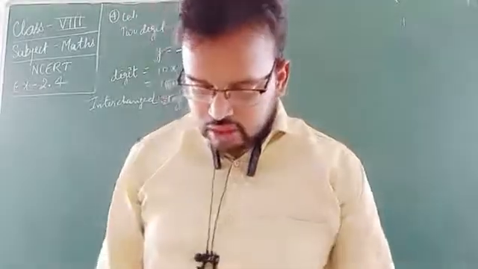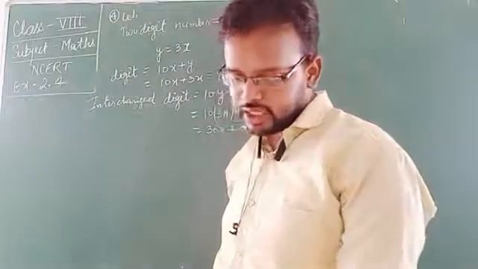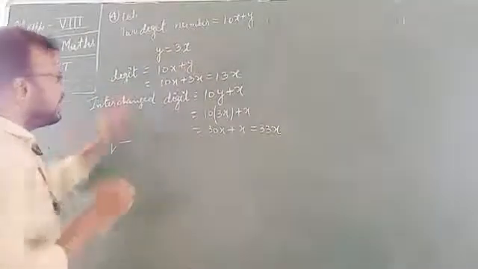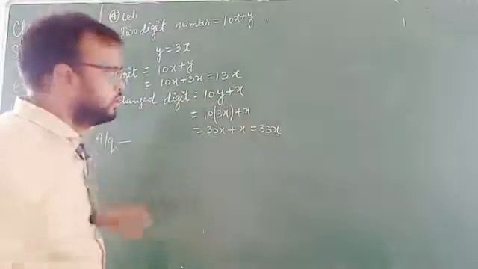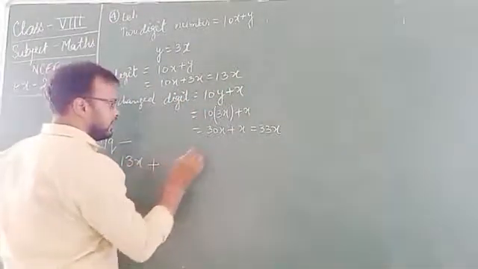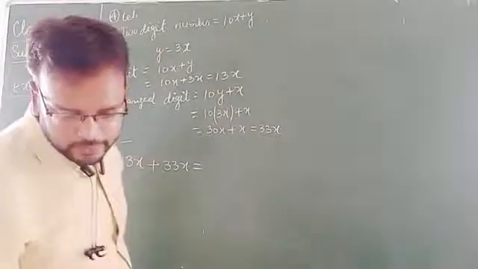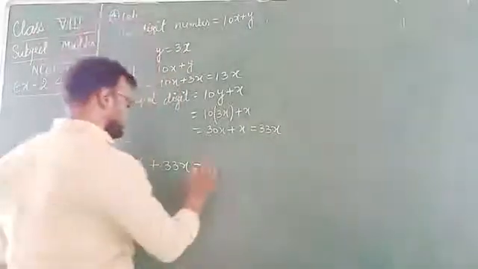Second statement: if you interchange the digits of the two-digit number and add the resulting number to the original number, according to the question, if we add both, the original number 13x with the interchanged number 31x, the answer is 88.